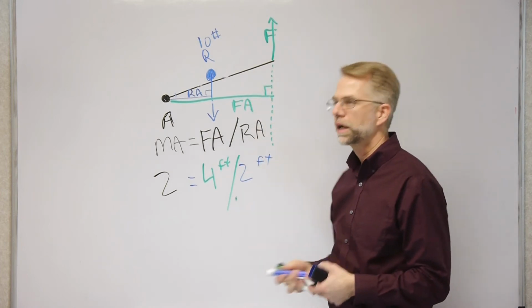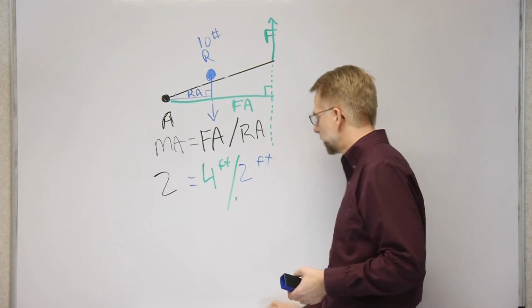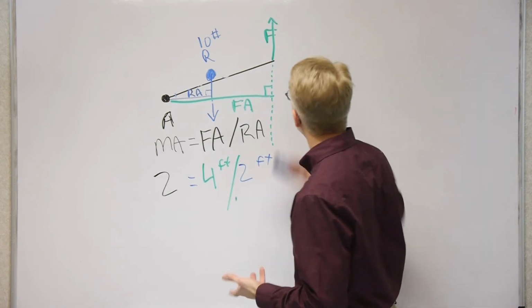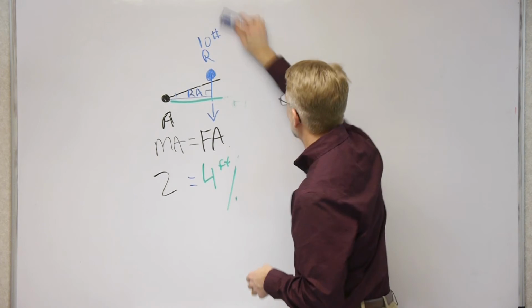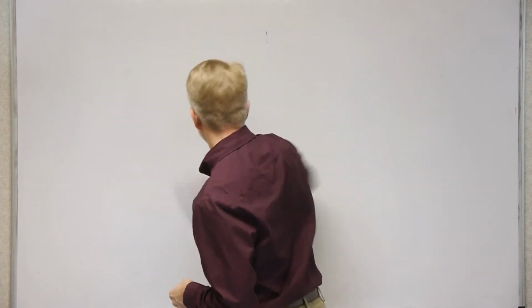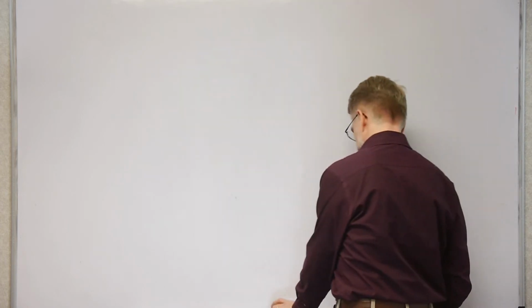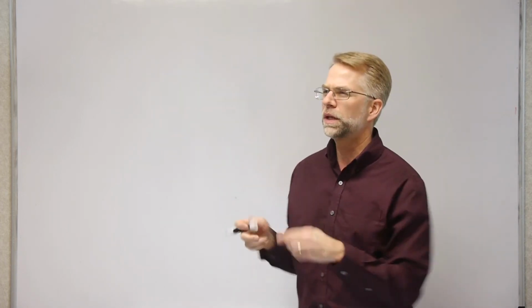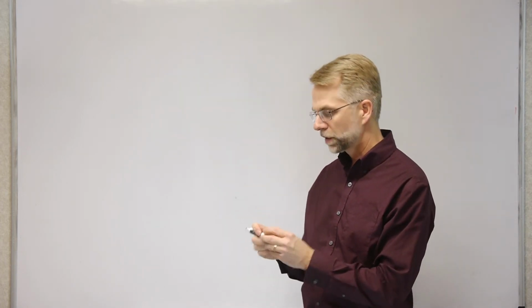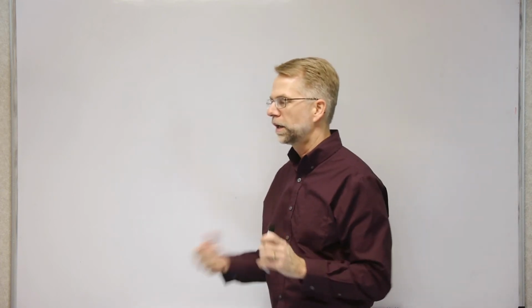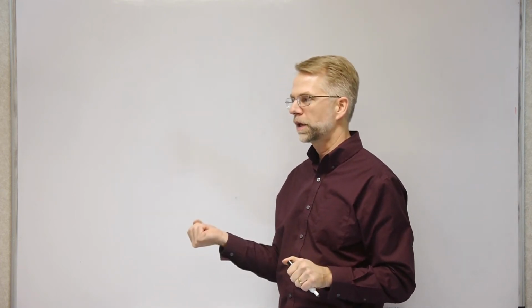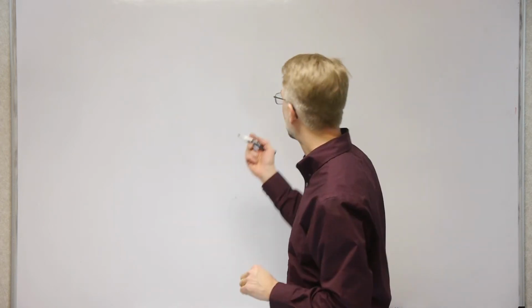But now let's apply this to the human body a little bit, because that's the reason we're really learning this, to figure out how this works in the human body. So let's just look at how this would apply, for example, to somebody lifting something up in their hand, flexing their elbow.